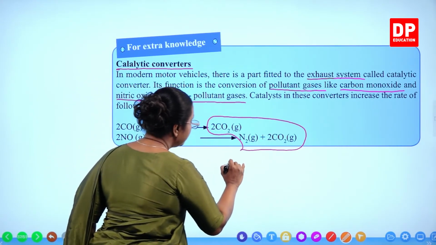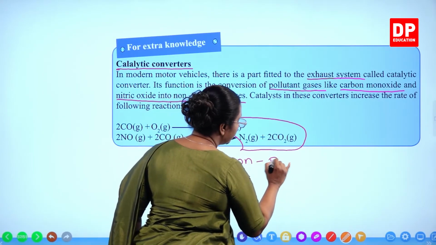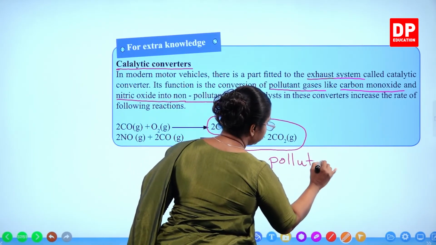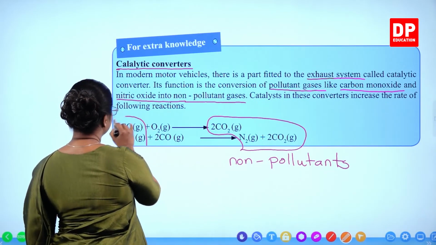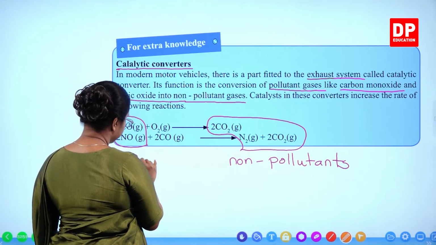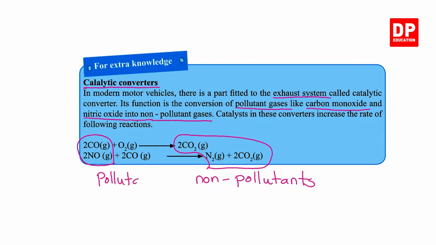So these are non-pollutant gases. These two are pollutants. When you say pollutants, they are usually toxic or poisonous gases.